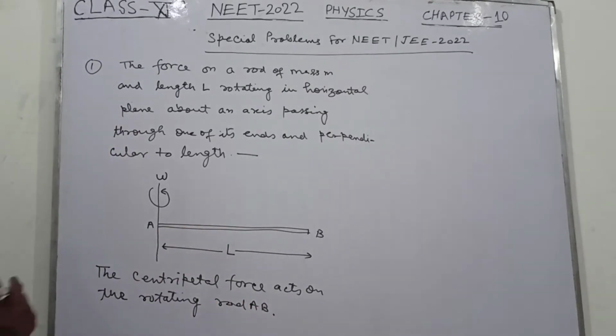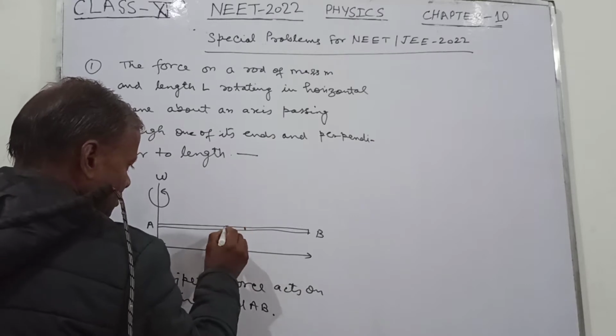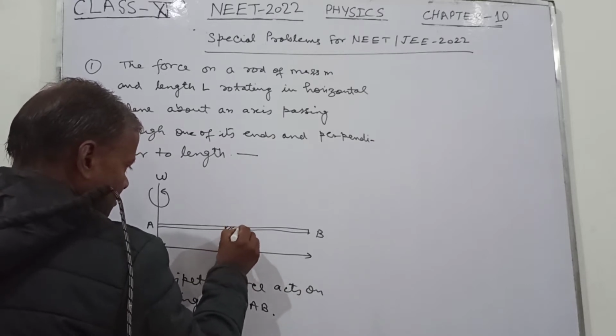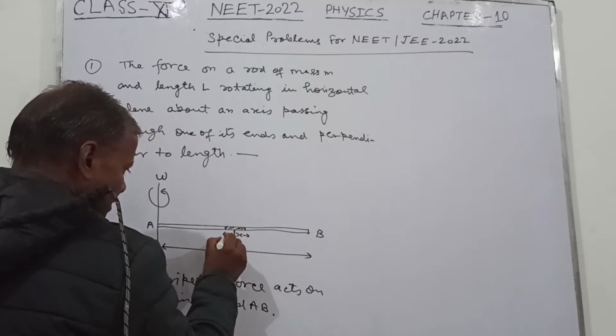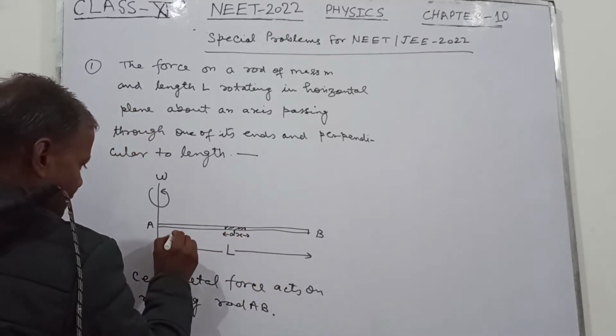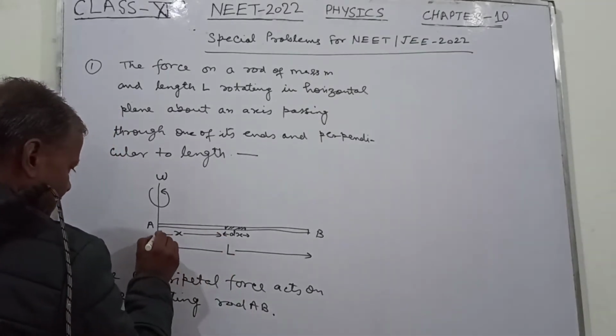Now let us consider an element. This is an element of length dx, at distance x from the axis of rotation.